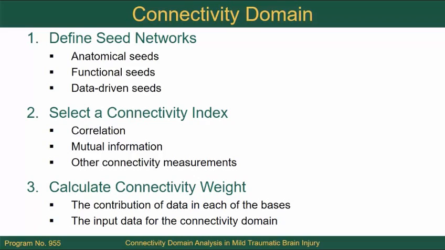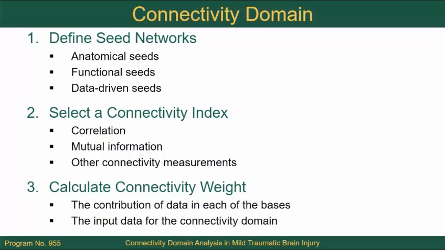So again, to do this, we first define seed networks, and there's some openness to this. We can do networks based on anatomy, based on function, based on data-driven methods. Then we select a connectivity index, which we used Pearson's correlation, but you can also use things like mutual information.